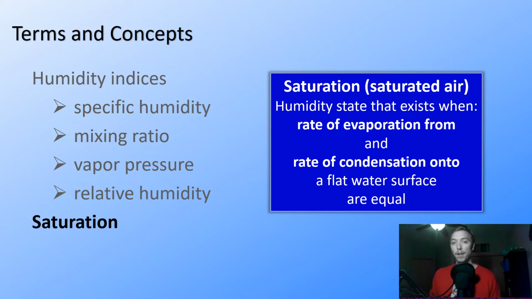So basically, we're looking at a parcel of air that is fully saturated when the rate of evaporation and the rate of condensation onto a flat water surface are equal, or 100%.